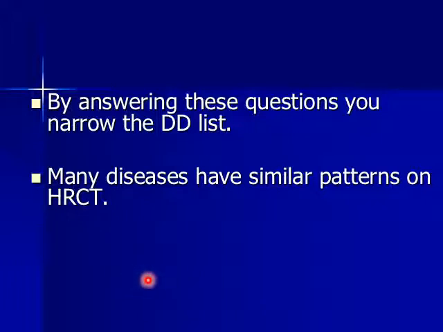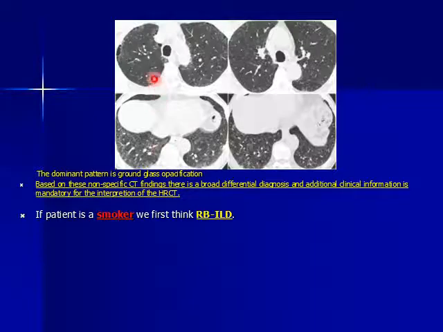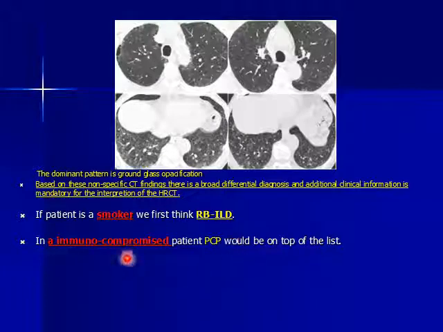Many diseases, in spite of this, have similar patterns on high resolution CT. For example, ground glass opacity. All these 4 patients have ground glass opacities. If the patient is a smoker, we can think of respiratory bronchiolitis. If the patient is immunocompromised, we can think of pneumocystis pneumonia.